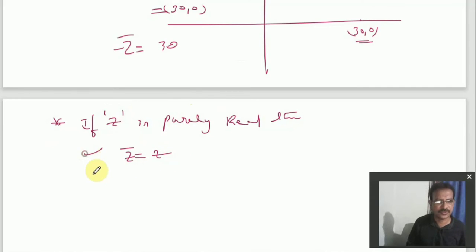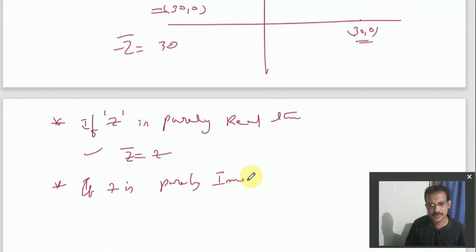This is one of the important points. And if z is purely imaginary, then z bar is equal to minus z.